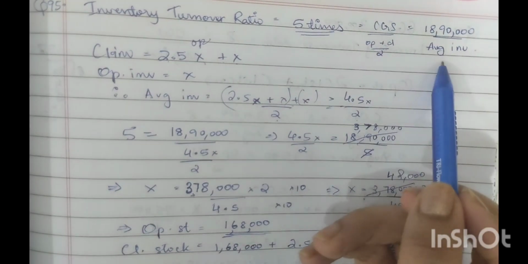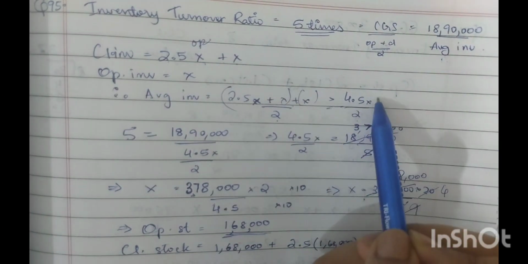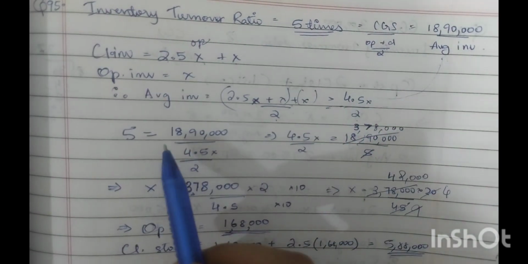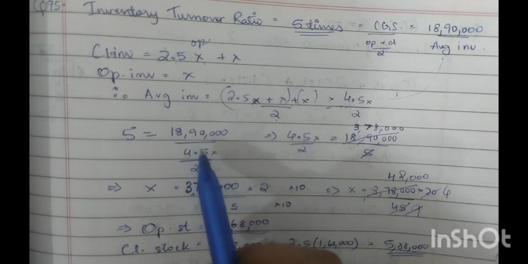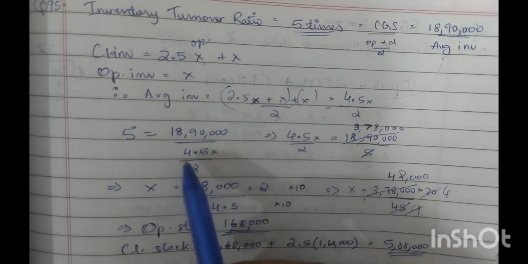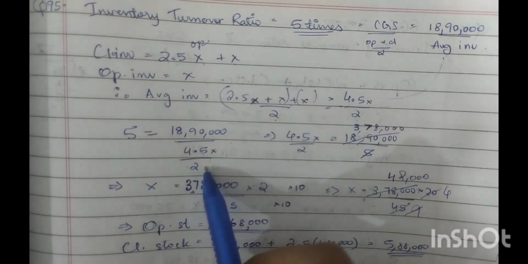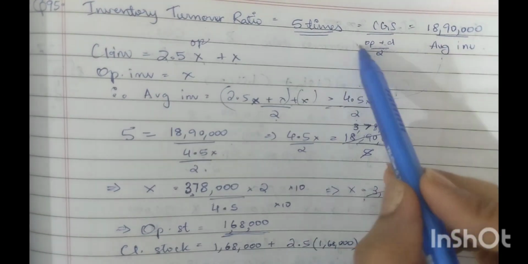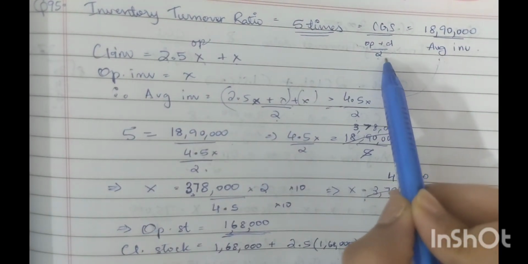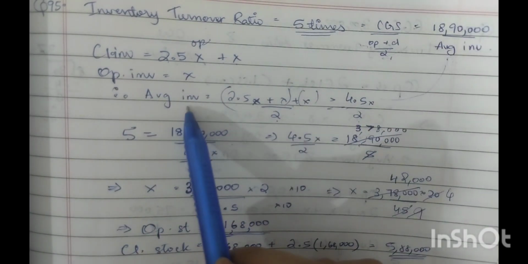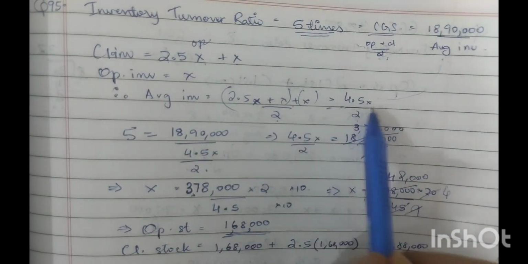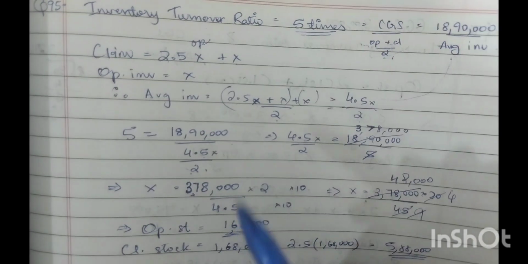Substituting this value in our ratio, we get that 5 is equal to 18,90,000 by 4.5x by 2. So either you could directly start with substituting the values in this, or you could separately find out average inventory and then substitute it. Both ways work.